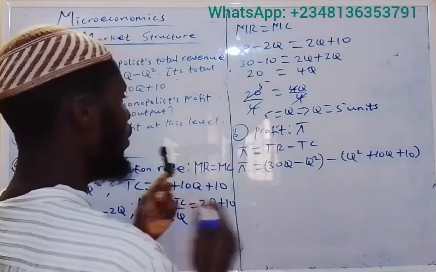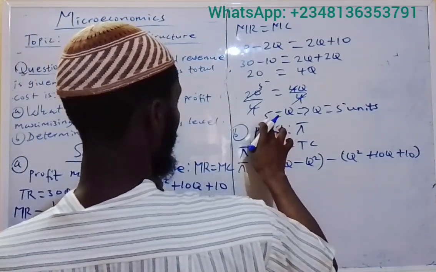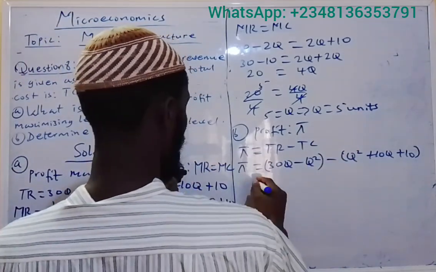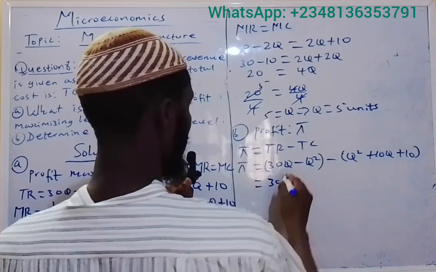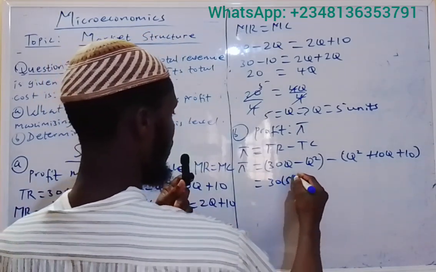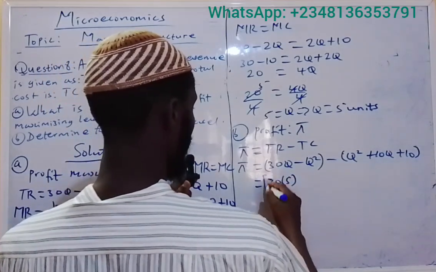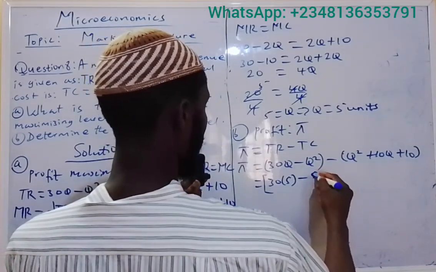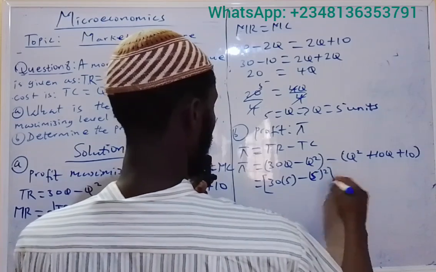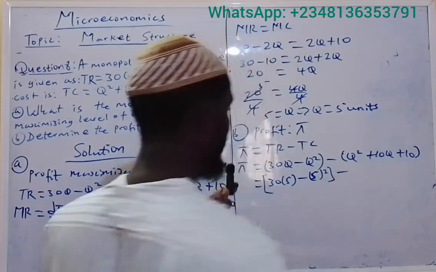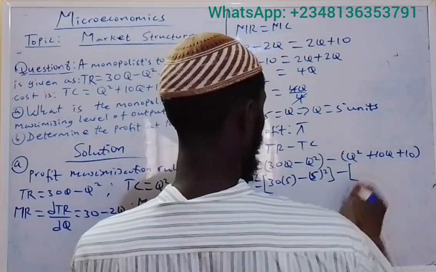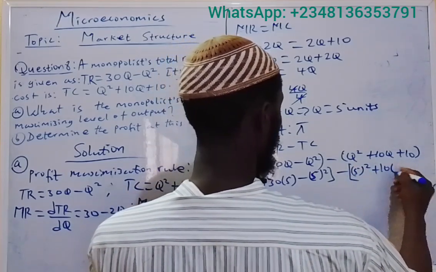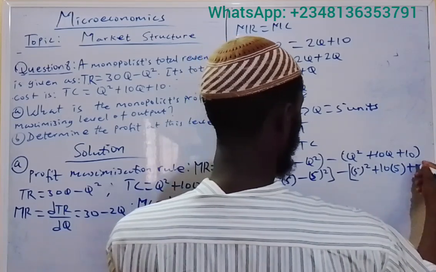Now the next thing is to plug in the profit maximizing output, which is 5, which we got here. So the profit will now be 30 times 5, since wherever I see Q, I plug in 5. Let me use brackets, then we have minus 5 squared. Then we have minus, let me open a bracket, Q squared, which is 5 squared, plus 10 into bracket 5, then plus 10.